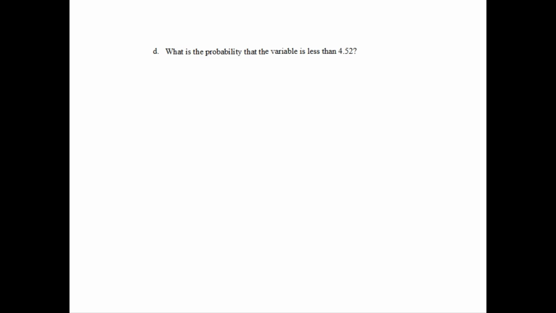Let's do another one. Let's figure out the probability that our variable is less than 4.52. Once again, we're working with our normal distribution with a mean of 7 and a sigma of 2. So we draw our sketch. Don't skip drawing the sketch.